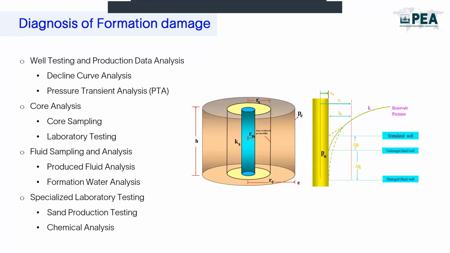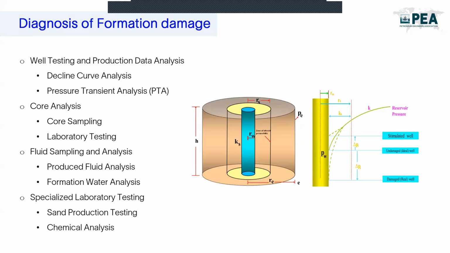For those who are fresh graduates, skin factor is a dimensionless parameter that quantifies the extent of formation damage or enhancement around the wellbore, if we have a negative or positive skin. A positive skin factor indicates damage, which reduces the permeability near the wellbore, while a negative skin factor suggests stimulation or enhanced permeability around the wellbore.